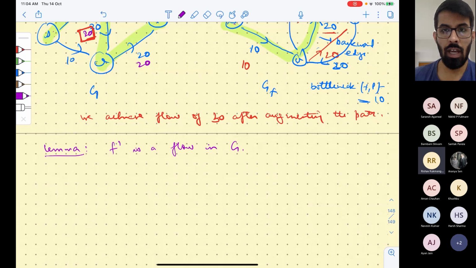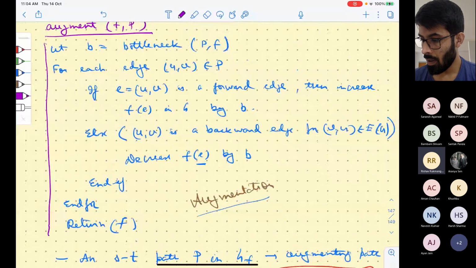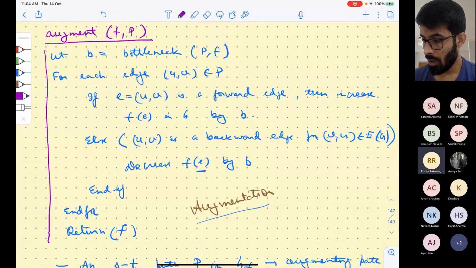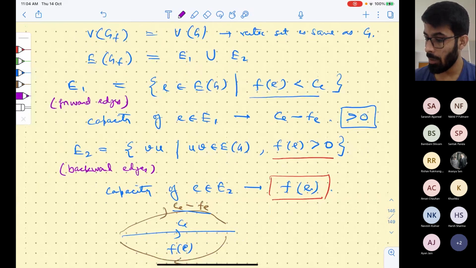Excuse me, sir. I had a doubt: in the process of augmenting the path, when we consider a new flow, how do we modify the residual graph? Could you please explain it once more? So for the residual graph, you get the new flow f prime, and the residual graph's definition remains exactly the same.